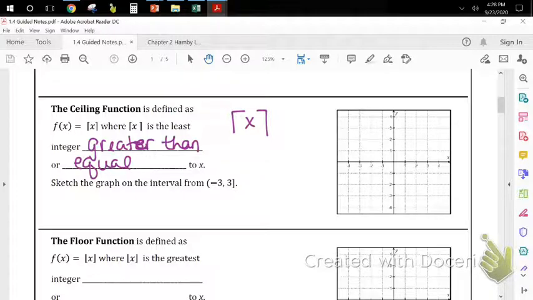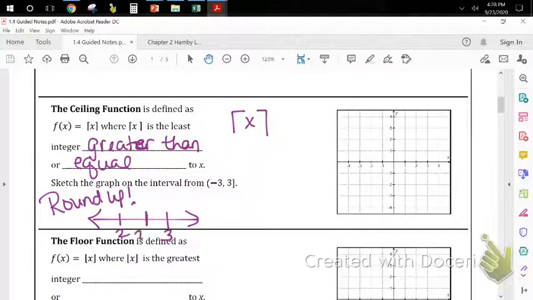All right, so what this means is that we are going to round up when we do this, okay? So if I'm looking at a number line between the numbers 2 and 3, I have the number 2.5. If I'm looking for the least integer greater than or equal to 2.5, I would round up, so I would say that it is 3.